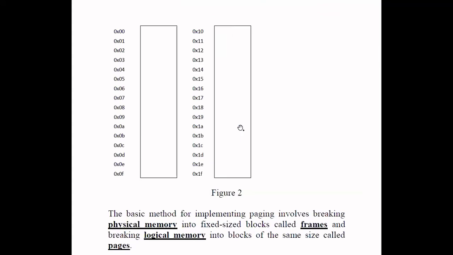Fine. On the other hand, if we visualize the physical memory, this is how it will look. The addressing in physical memory is a hexadecimal value. Whichever space is freely available, its hexadecimal value will be provided to the operating system. So here is the hexadecimal representation of the physical address.